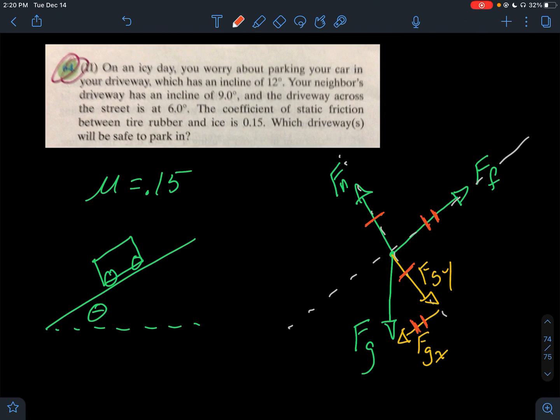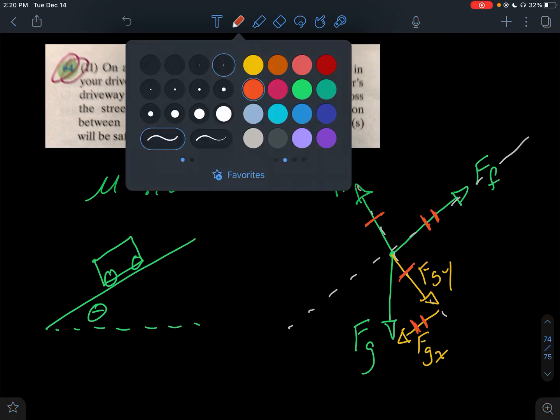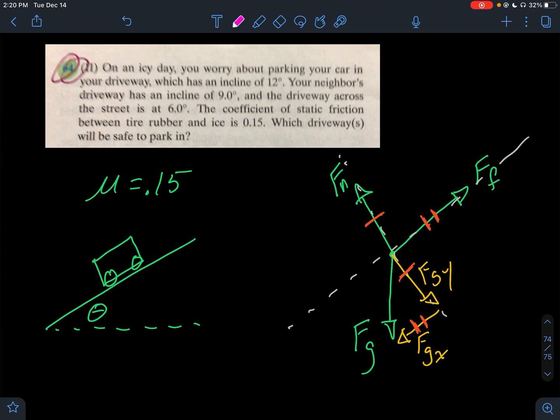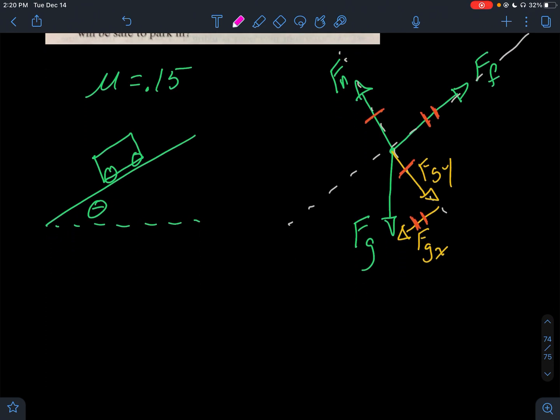So next I want to start with a net force equation. F equals ma, but I do need to identify what forces I am concerned with here. I'm concerned with force due to gravity in the x direction down the hill, and hopefully, if I park correctly, that will equal friction up the hill.